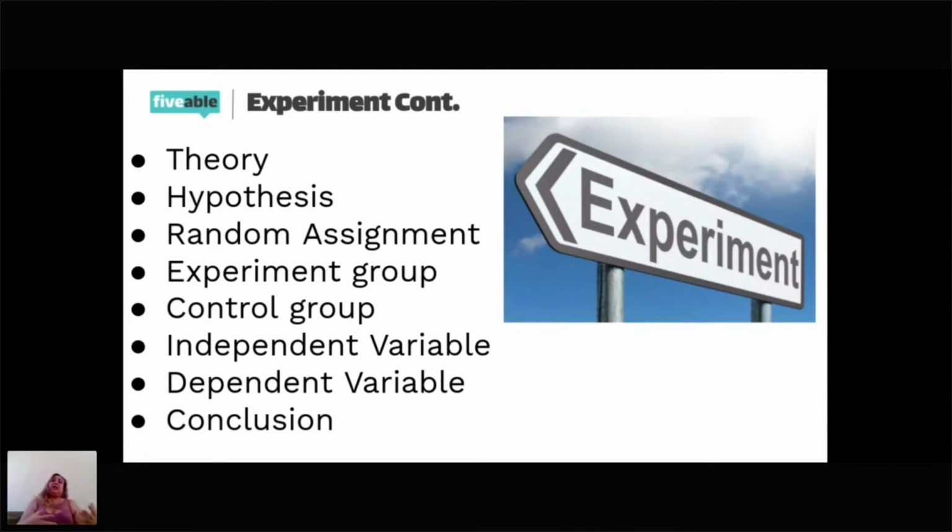Now, how do we make it fair when we're testing and experimenting? Well, we have to have what we call random assignment. You can't just put whoever you want. Let me give you an example. We're just doing a normal everyday test for a drug. Let's say we're going to do a COVID drug test, okay? Which we kind of need right now.